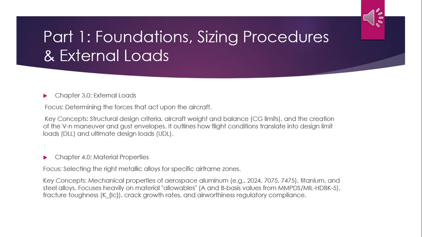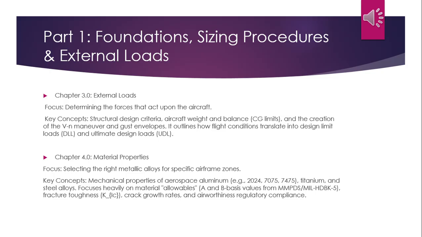Chapter 4 is material properties. It focuses on selecting the right metallic alloys for specific airframe zones. Key concepts: mechanical properties of aerospace aluminum 2024, 7075, 7475, titanium, and steel alloys.